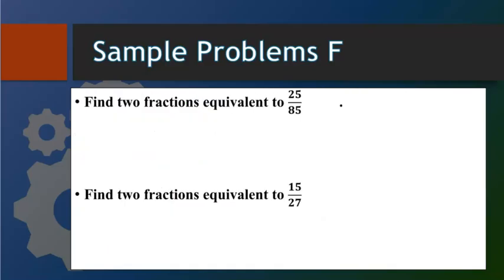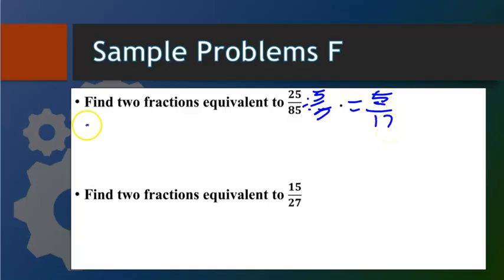Here we want to find two fractions equivalent to 25/85. So if it's equivalent, they have to have the same value but just different numbers. So one way you can do this is we can reduce this by dividing by 5/5. 25 divided by 5 is 5. And 85 divided by 5 is 17.